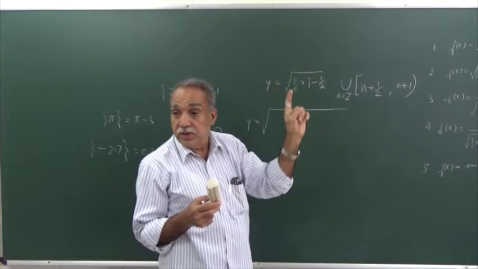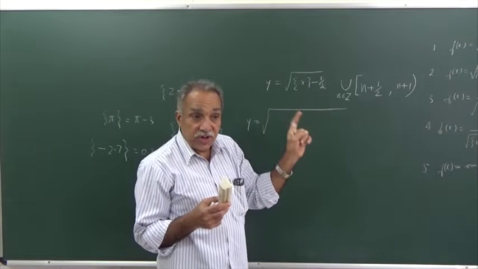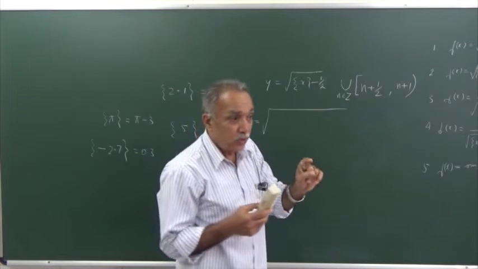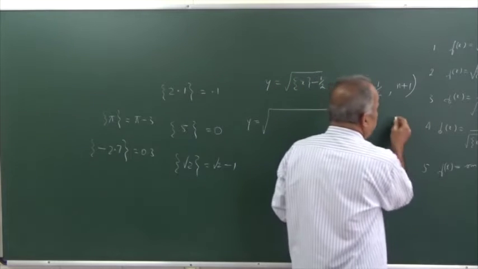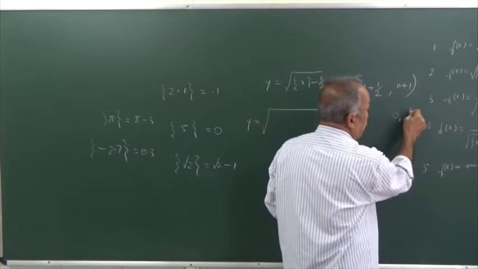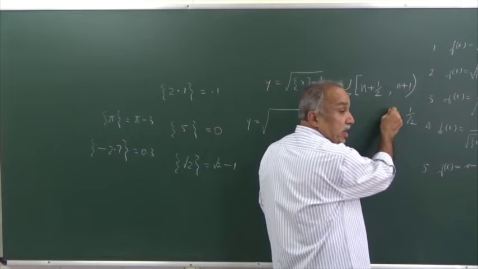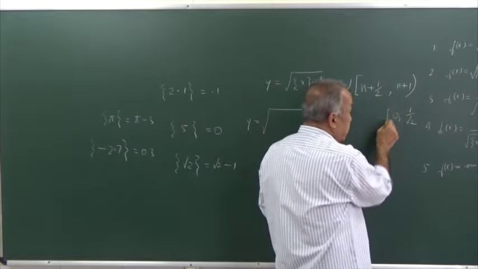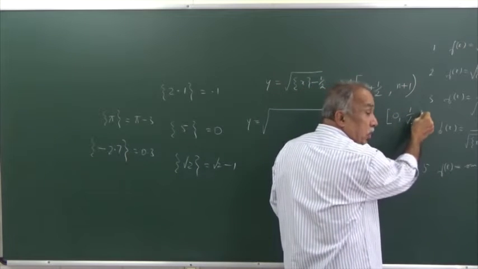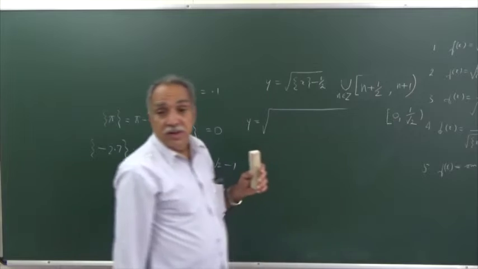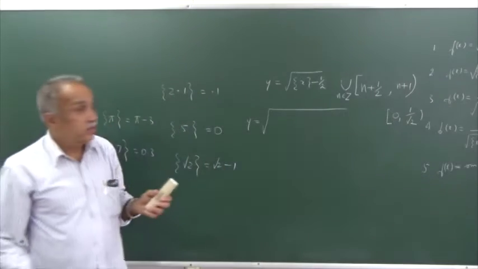Apply square root. 0 to 1 by root 2. Range will be an interval with left hand point 0, right hand point 1 by root 2. Is 0 attainable? Yes. 1 by root 2? Not. Agreeable, I think.